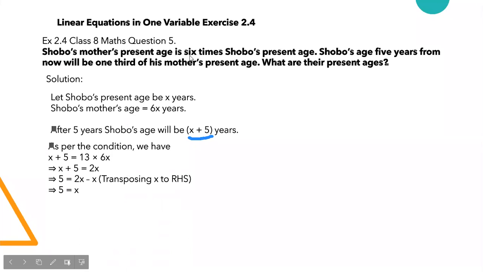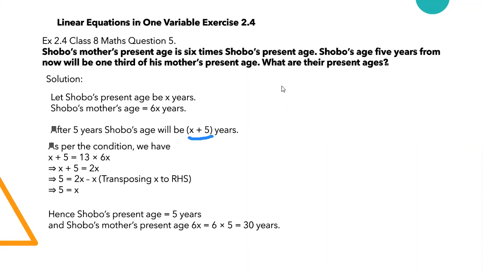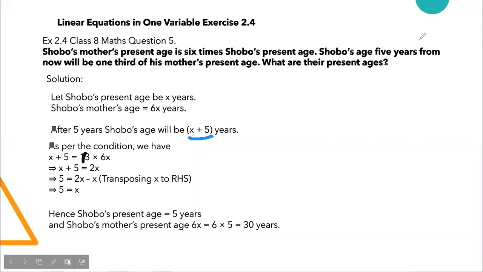So, as per this condition, we must write this down as 5 years from now, right? This is 1/3, all right?